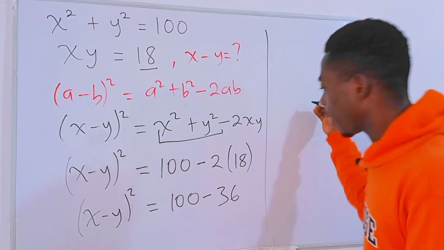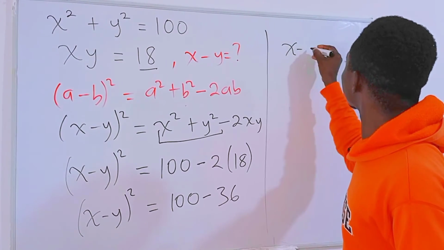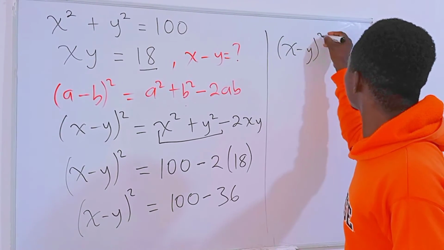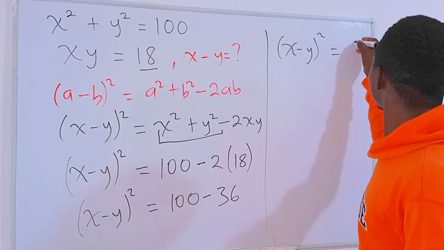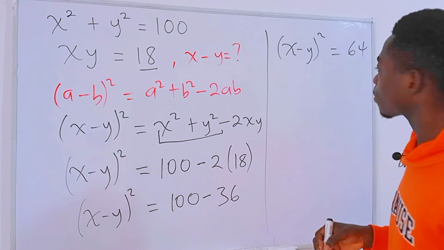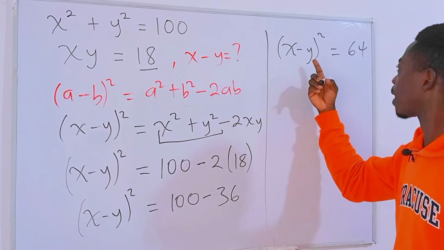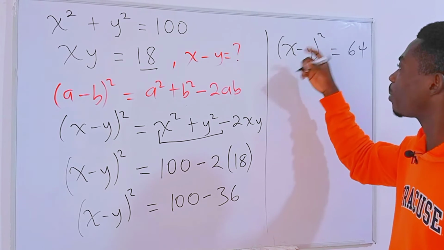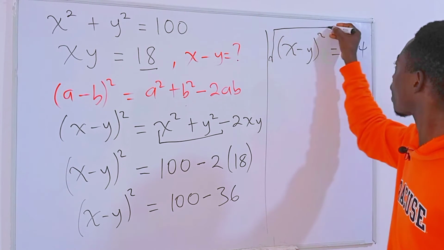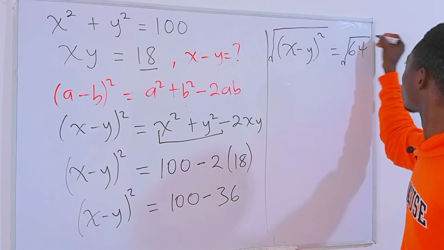So guys, we end up getting (x minus y) squared is equal to 64. We are looking for x minus y, so we have square here. Let's take square root right here and square root right there.